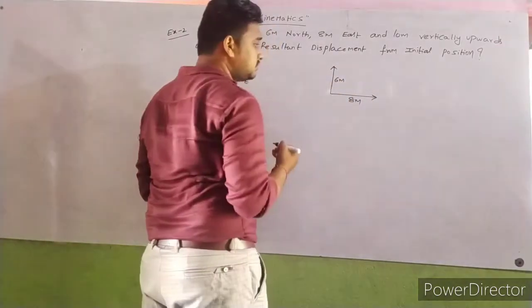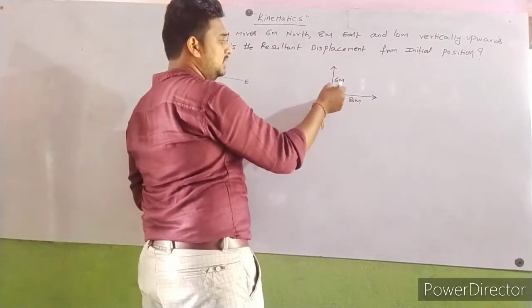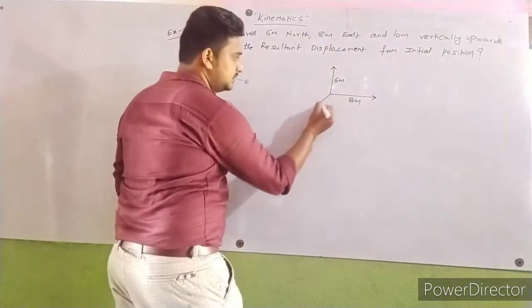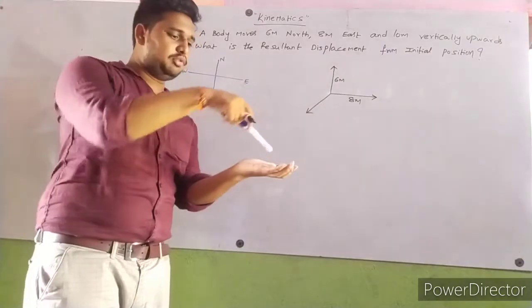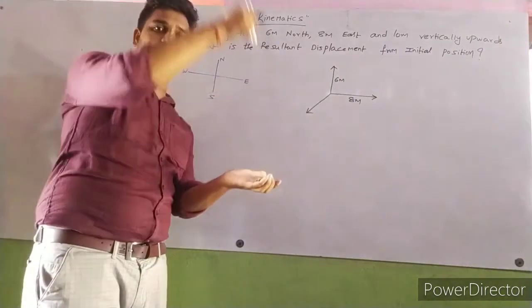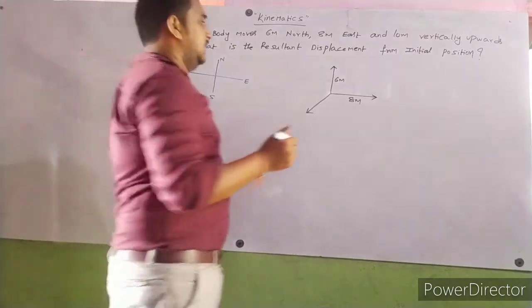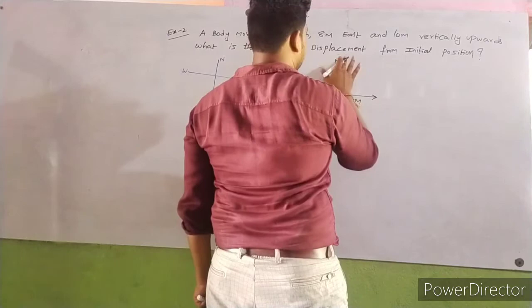It is 8 meters east it is moving. 10 meters vertically upward means the body moves like this. So that definitely is the z-axis. Simple example: a body moving vertically upwards means the z-axis.